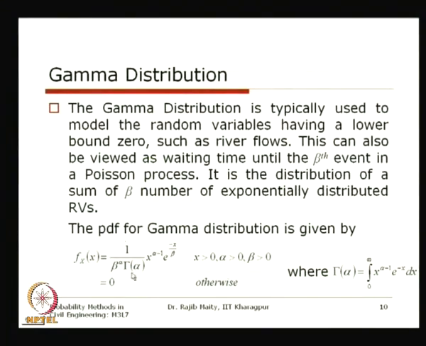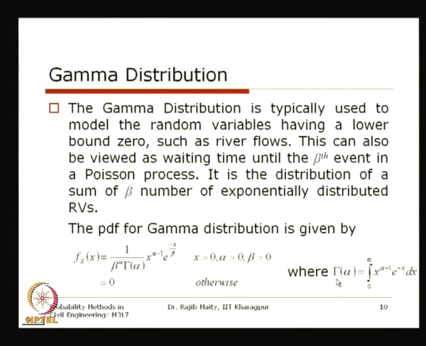The gamma distribution looks like this: f(x) equals 1 by beta power alpha gamma alpha, x power alpha minus 1, exponential of minus x by beta. The support is x greater than 0, both parameters are greater than 0, and otherwise it is 0, meaning on the negative side this PDF is 0.